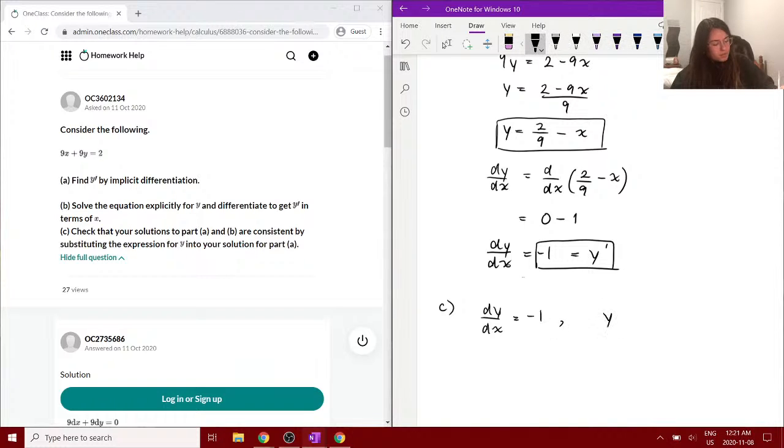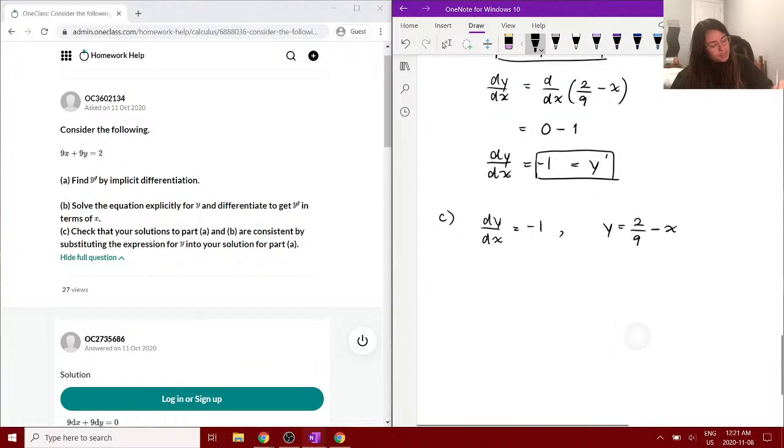And we also said that y is equal to 2 divided by 9 minus x. So if we just sub the y in here, we can easily see that we'll get the exact same thing, minus 1. So we see that we get minus 1 on both sides.